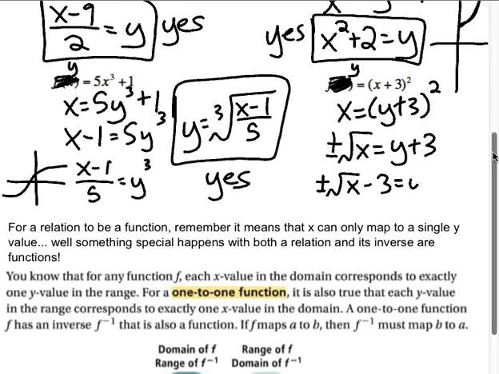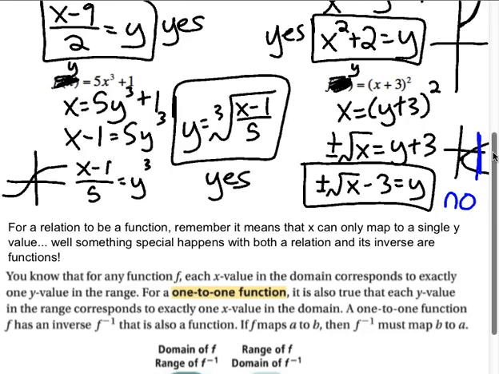Subtract the 3 over. So this is my inverse. And if you think graphically, having a square root is going to be something that looks like that, but having the negative of it is going to create that branch down there. So that plus or minus is what makes this thing fail the vertical line test. So no, that is not a function. It fails our test. So again, that's the big idea from yesterday.